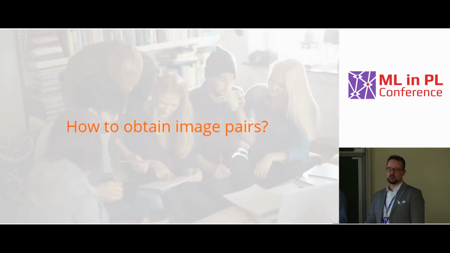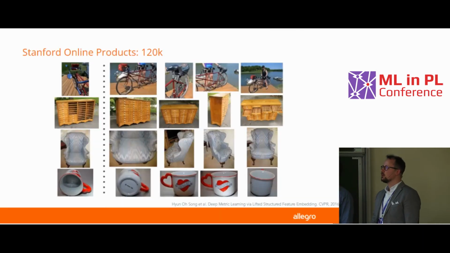So now here comes the question. How do we obtain those image pairs? For the negatives, it's quite easy because you basically take two random pictures and you get, with high probability, a negative. But what about positives? It's much harder. We could turn to external datasets like the Stanford Online Products dataset with over 120,000 products crawled from eBay.